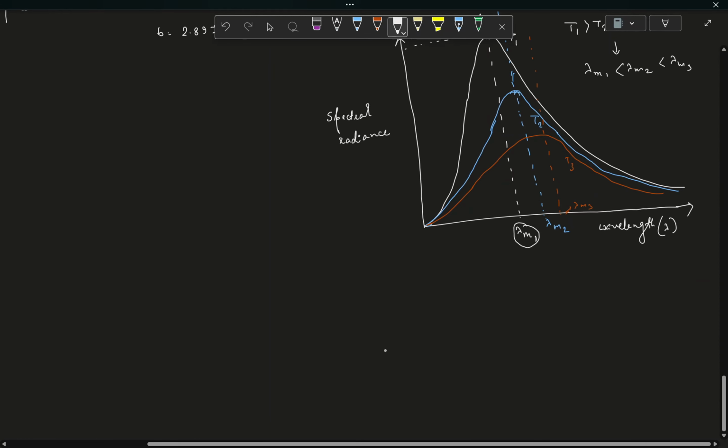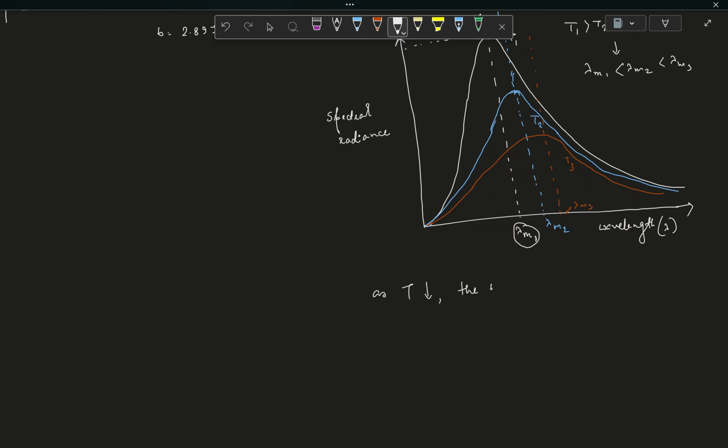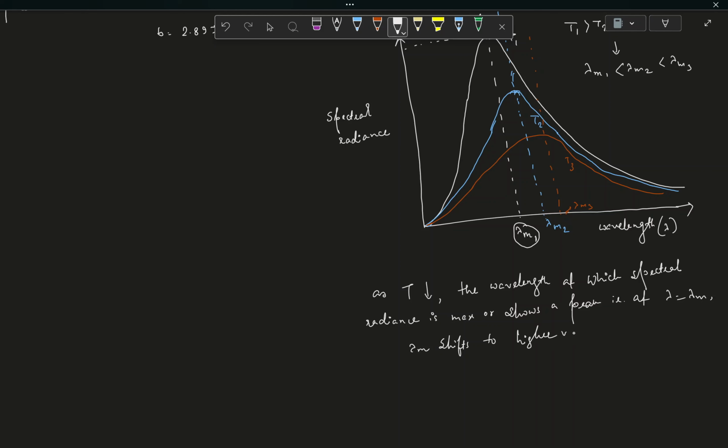So you see that as per Wien's displacement law, as temperature decreases, the wavelength at which spectral radiance is maximum, which shows a peak, that is at lambda equal to lambda m, shifts to a higher value.